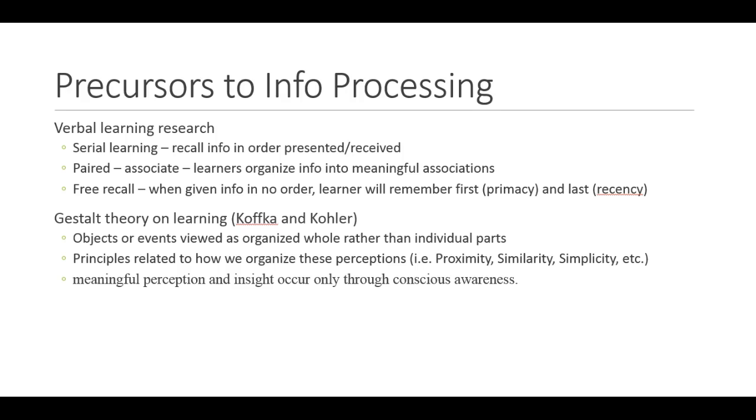Out of Gestalt theory, we also had principles related to how we organize these perceptions, the visual things that come in. They talked about things such as proximity, how when we look at and perceive things visually, we will classify them in terms of their closeness to one another, which is proximity, or their similarity to each other, or we will memorize or take into account the more simplistic rather than the more complex.